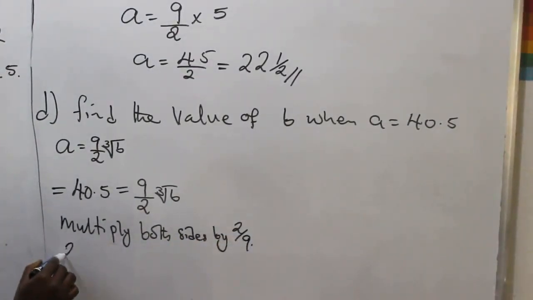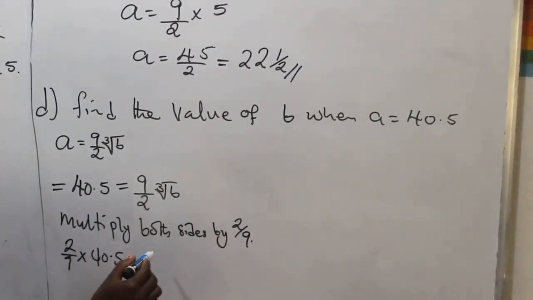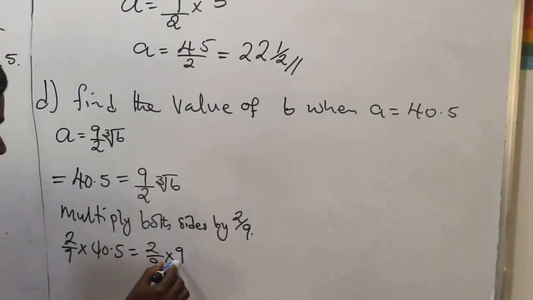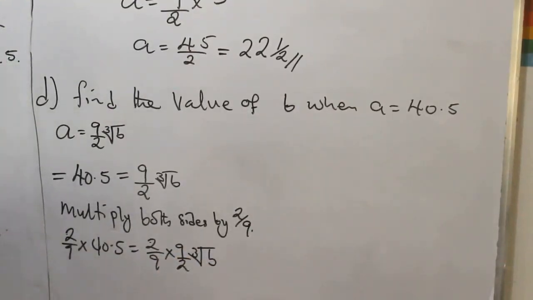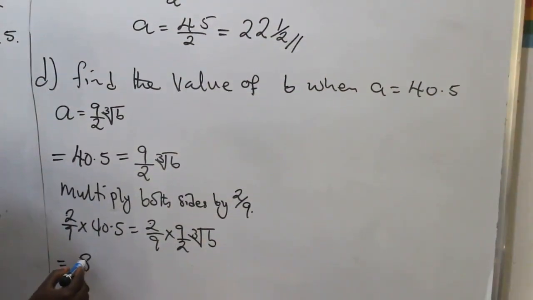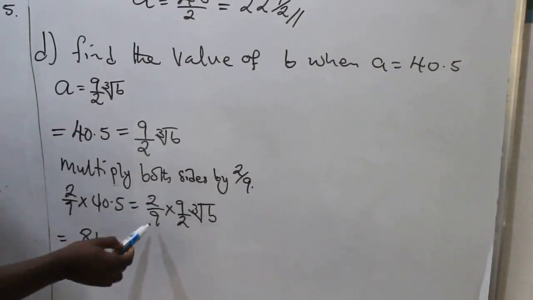So we now have 2 over 9 times 40.5 is equals to 2 over 9 times 9 over 2 cube root of B. 2 times 40.5 will give us 81 over 9, is equals to this one.